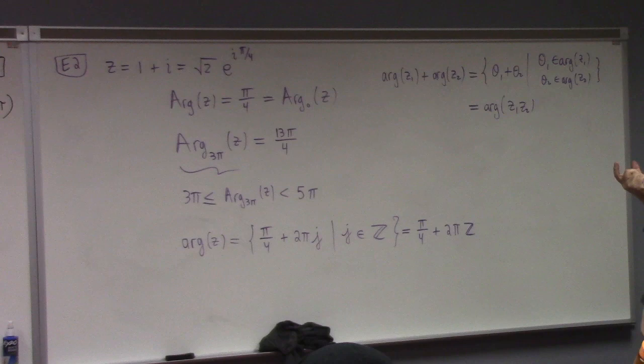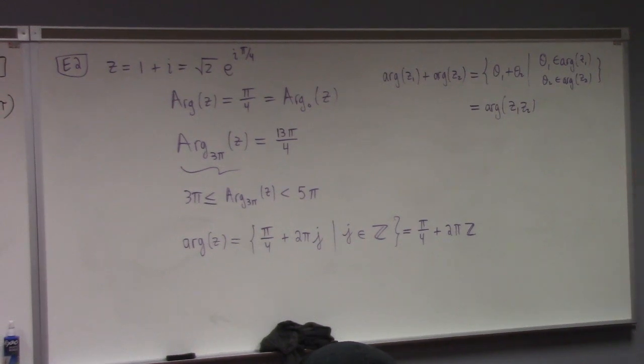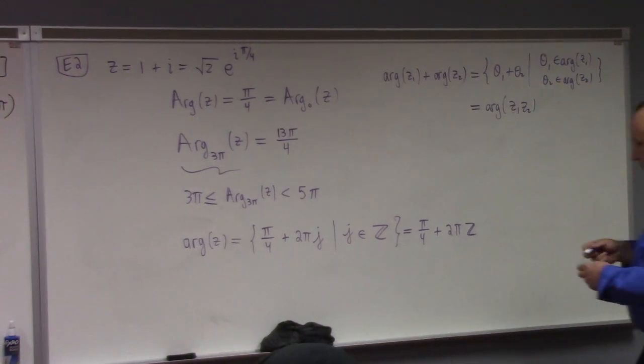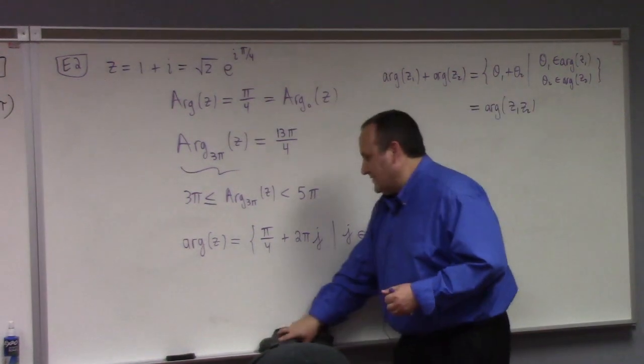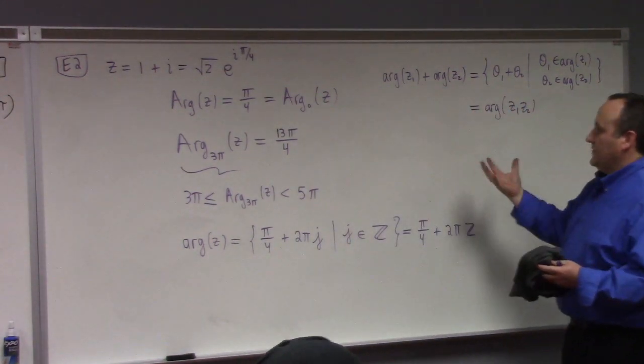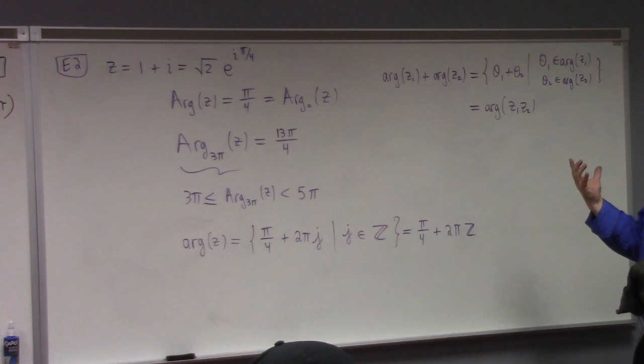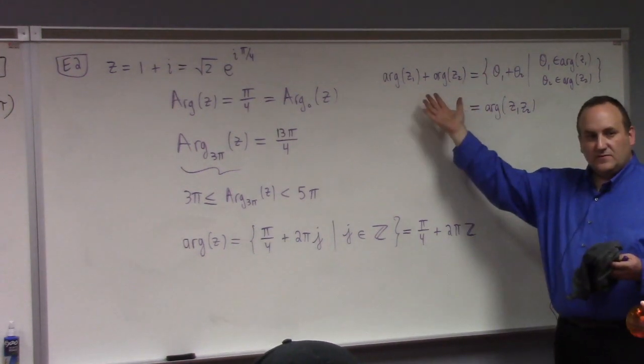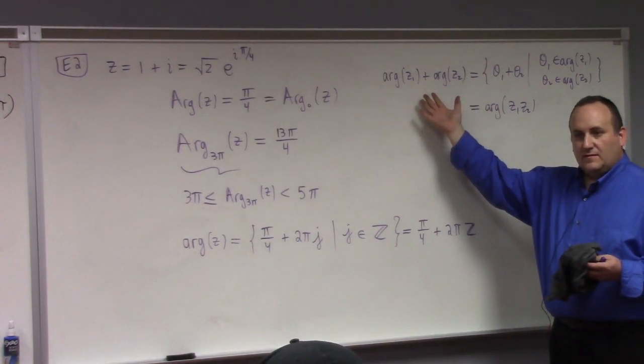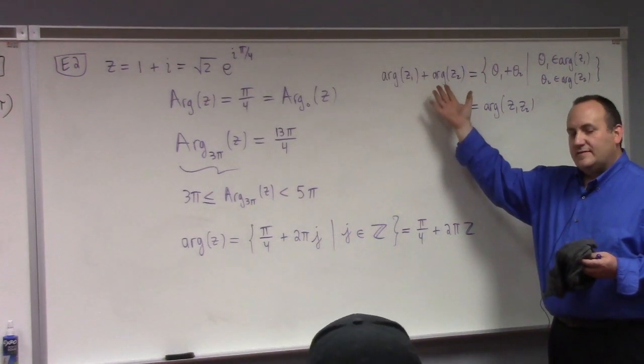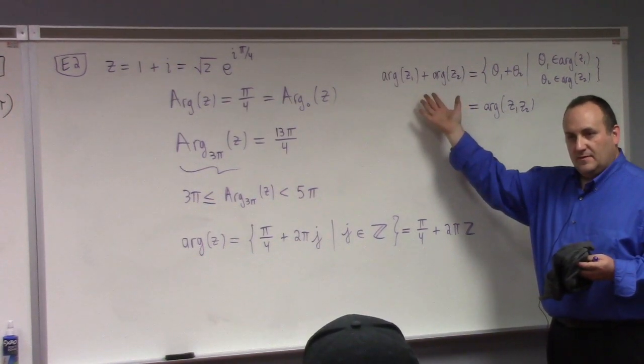You can escape. It may or may not be true. So this is the frustration of complex analysis in some sense, is that you deal with these sets of values, which properly speaking are what? These are not single valued, right?